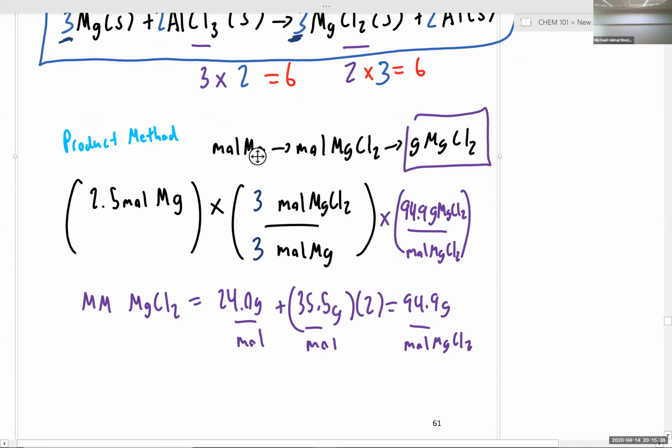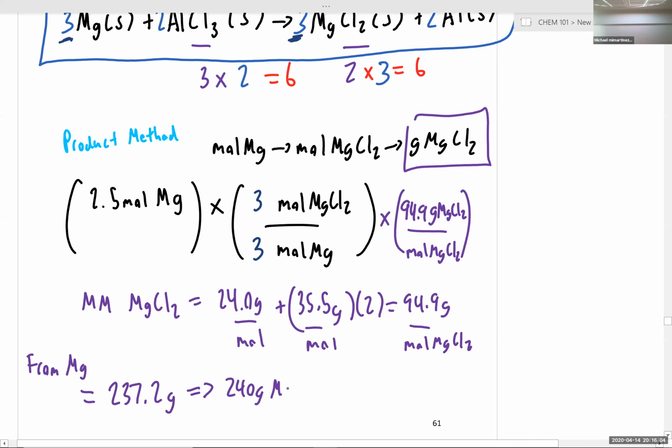So now we're going to punch this into our calculator and figure out, from magnesium, how many grams of magnesium chloride we get. We're going to take 2.5 times 94.9, and that gives us 237.2 grams, which we then round to 240 grams of magnesium chloride.